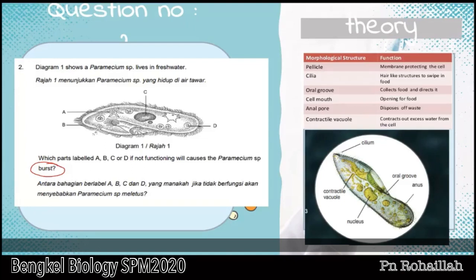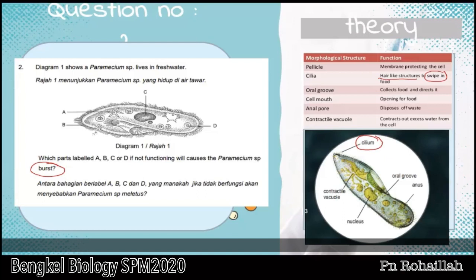Okay, so kita tengok beberapa keadaan. Okay, cilia. Cilia ni apa? So cilia tu like macam bulu-bulu di bahagian tepi tu. Okay, the leg. Okay, so cilia is a hair-like structure, and then the function for the cilia is to swipe in the food.